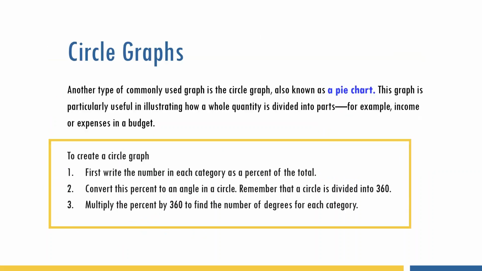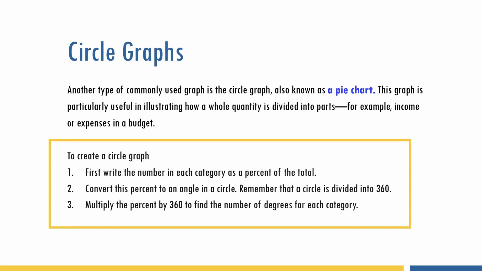Okay, now the last one of the graphs that we're gonna learn is a circle graph, which we call a pie chart. This graph usually illustrates the fractions of one thing divided into parts.